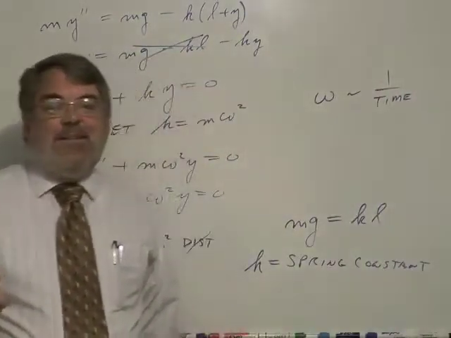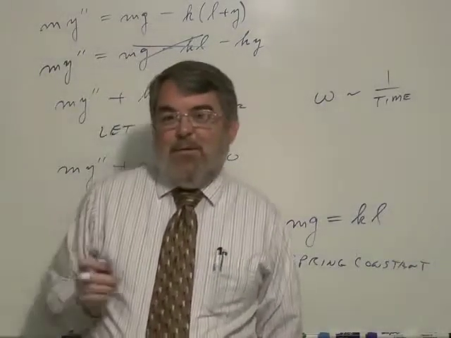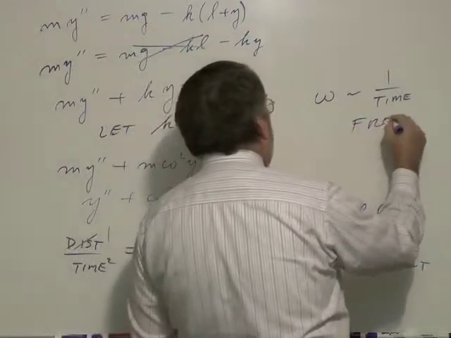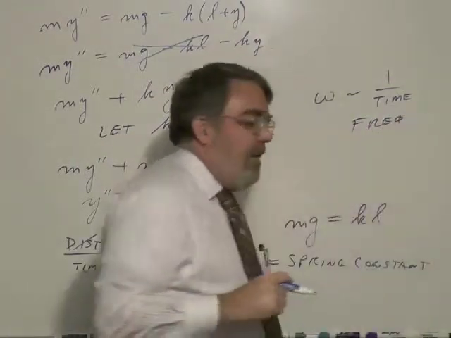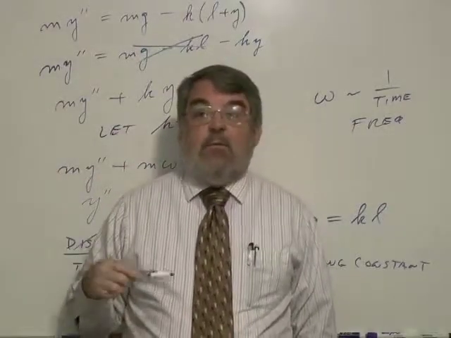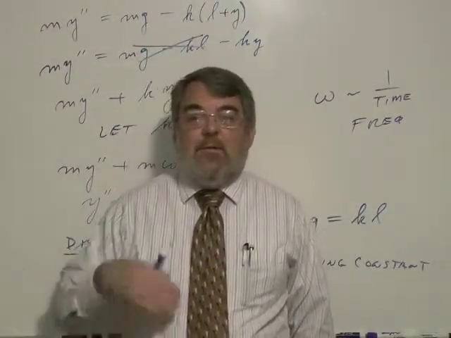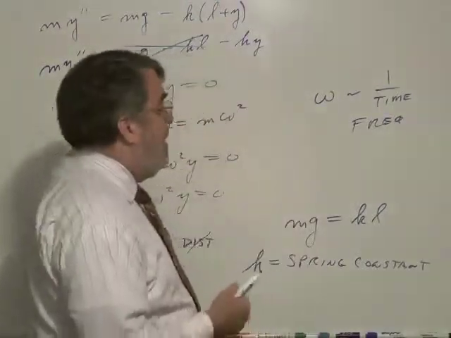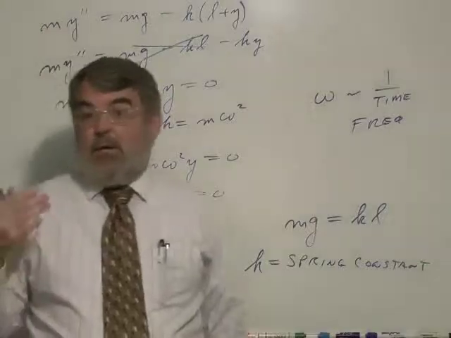Well, 1 over time is actually a frequency unit. Frequency. And so now we think in terms of frequency, we think of cycles per second, or revolutions per second, or vibrations per second, something per second. And if it's per second, then those are hertz.